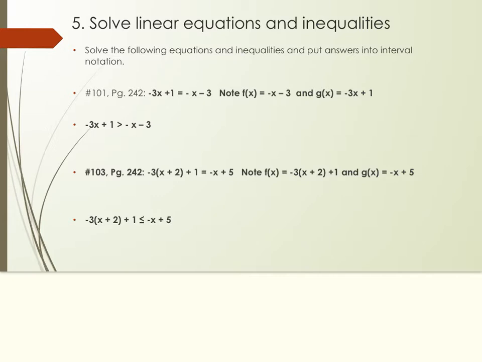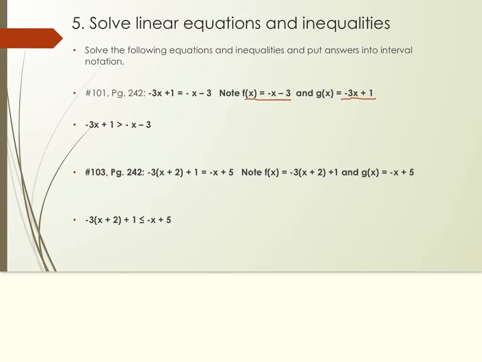In this case, f of x is equal to negative x minus 3, and there's a graph in the book for that. I didn't want to put that in here. And also, there's a graph of g of x equal to negative 3x plus 1.